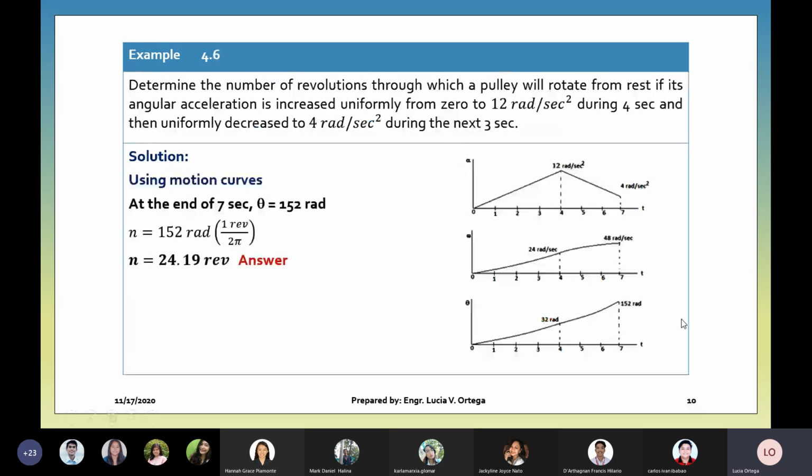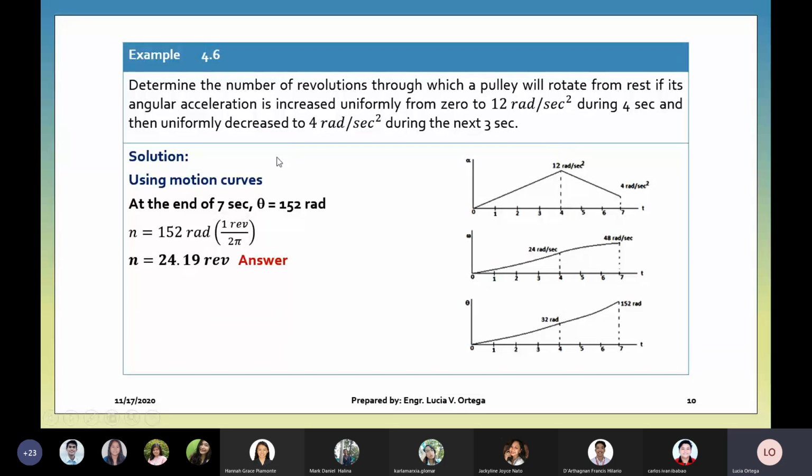Remember this in chapter 2, that is the motion curve. Determine the number of revolutions through which a pulley will rotate from rest if its angular acceleration is increased uniformly from 0 to 12 radians per second squared during 4 seconds, and then uniformly decreased to 4 radians per second squared during the next 3 seconds.